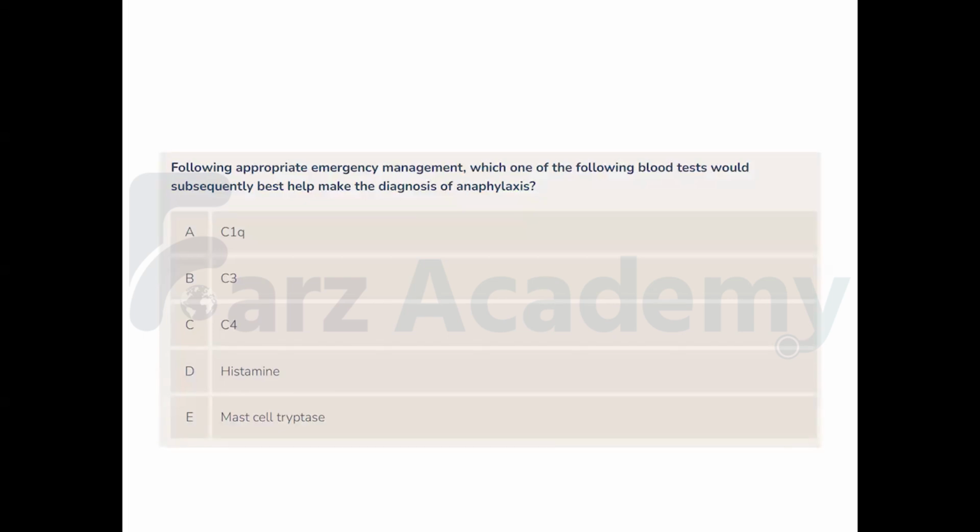Following appropriate emergency management, which one of the following blood tests should subsequently best help in making the diagnosis of anaphylaxis? C1q, C3, C4, histamine, and mast cell tryptase. Okay, it is also an easy one you have to remember.